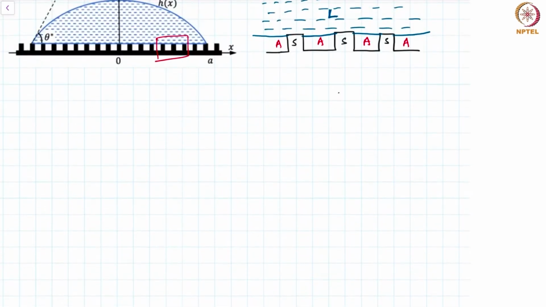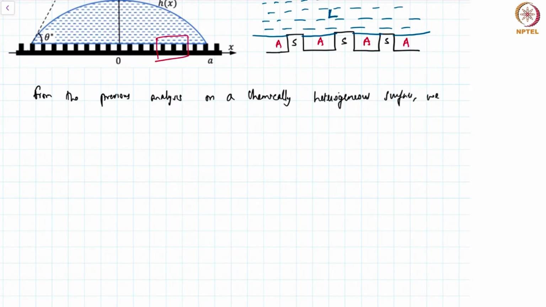So from the previous analysis, on a chemically heterogeneous surface, we have cosine theta star equals f1 cosine theta 1 plus f2 cosine theta 2, right? This is what we have.